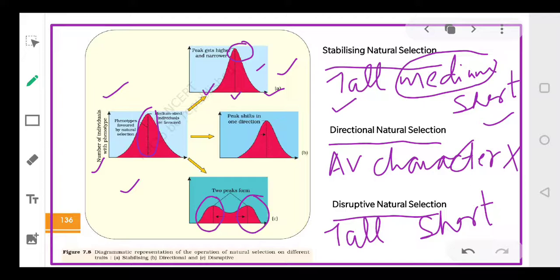So in stabilizing natural selection the medium characteristic is favored, in directional one extreme characteristic is favored, and in disruptive both extreme characteristics are favored. So we have 3 different types of natural selection: stabilizing, directional and disruptive.